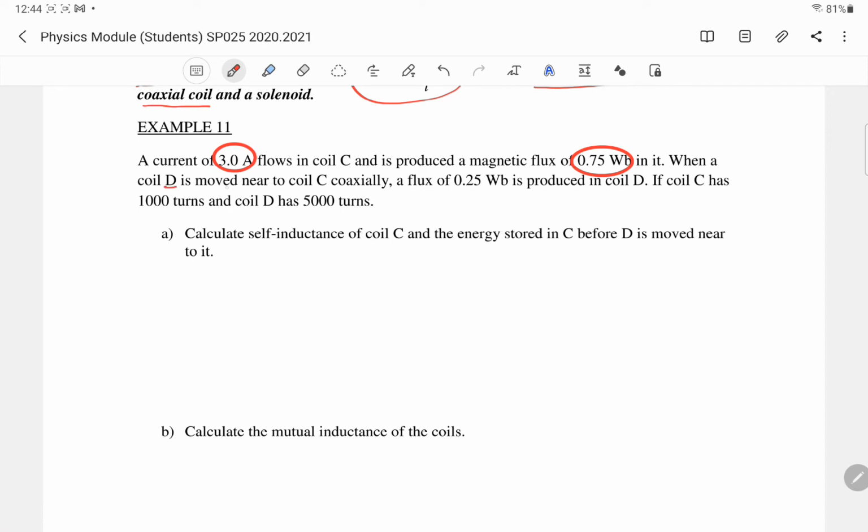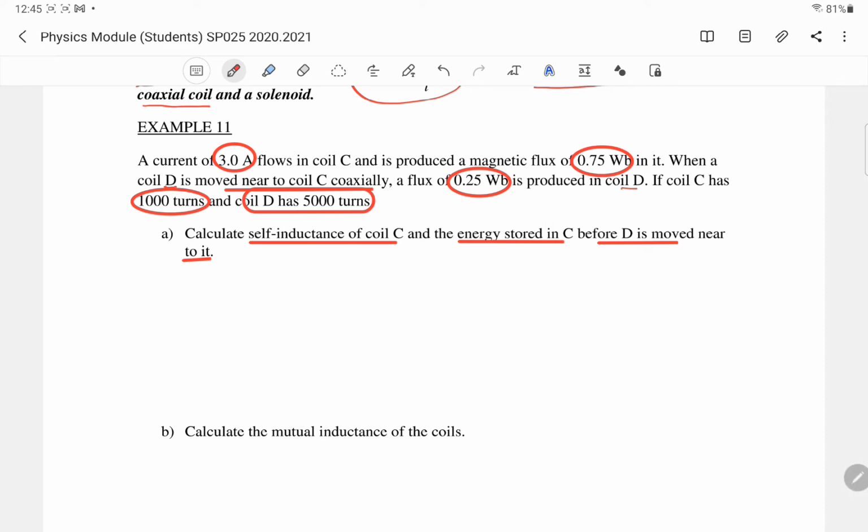When coil D is moved nearer to coil C coaxially, a flux of 0.25 Weber will be produced in coil D. If coil C has 1000 turns and coil D has 5000 turns, calculate the self-inductance of coil C and the energy stored in C before D is moved nearer to it. So first we have to take out all the information given.